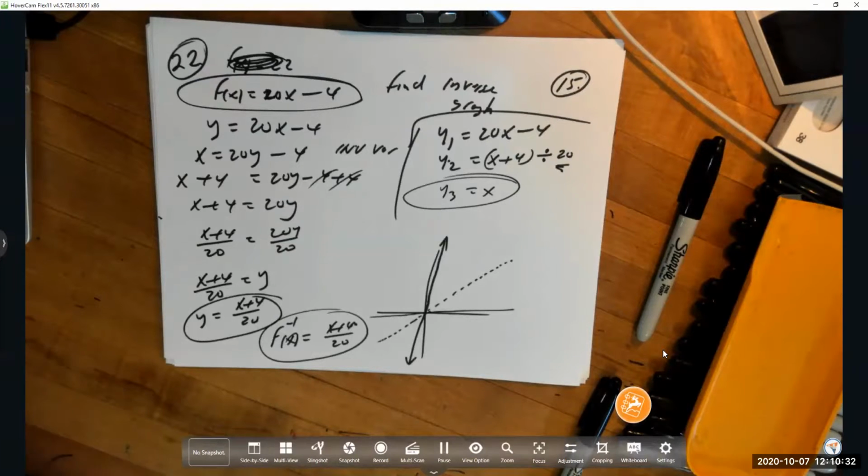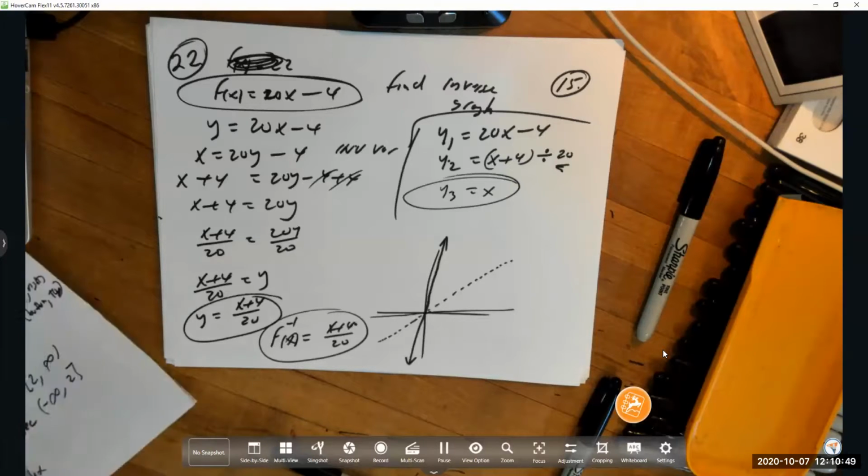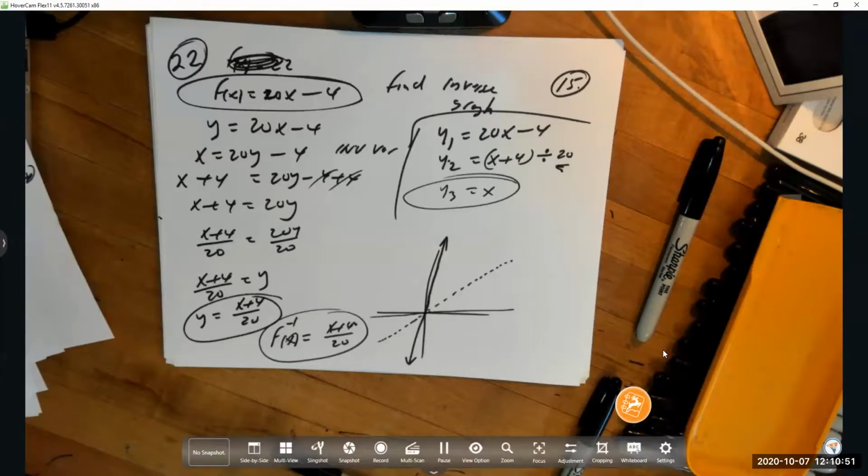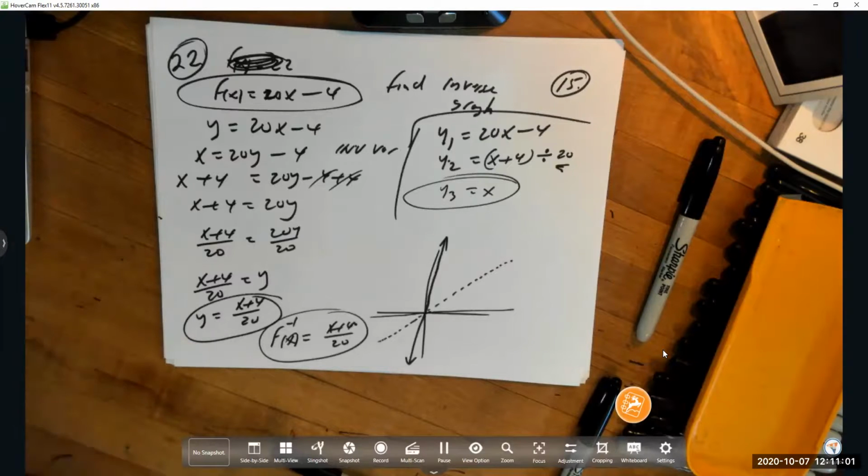I'm going to turn off the Zoom stuff. Thirty seconds. I'm going to turn it off.